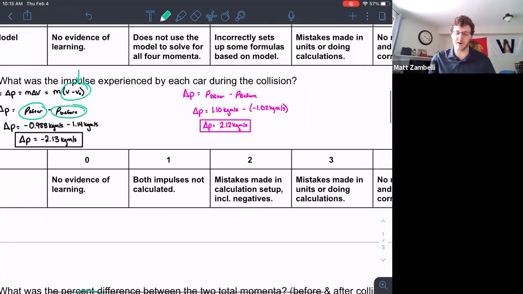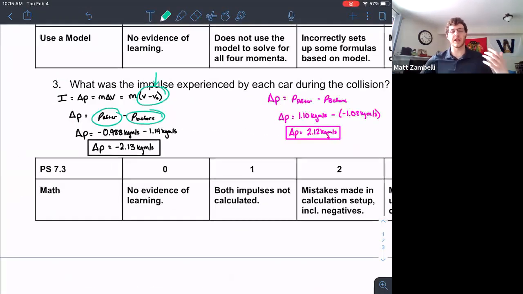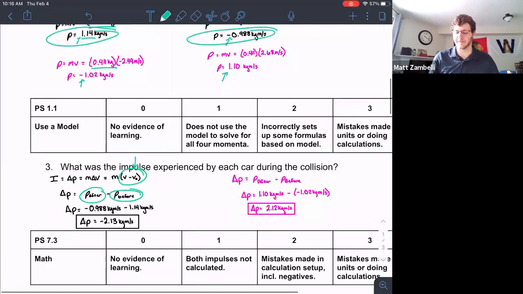You could also have brought up the impulse or the change in momentum. I was also okay with that, and the fact that those are very small, which means the momentum should be about the same because the change in these momentums was very similar.